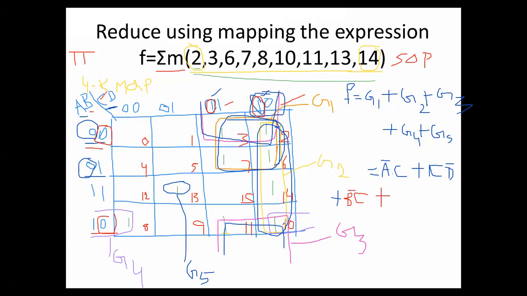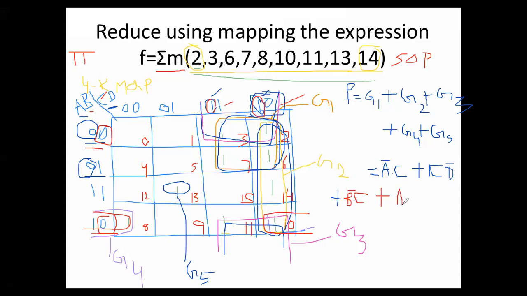What about group 4? This one and this one. So this group is a paired group. This group belongs to which combination for the AB variables? Only one combination, that is 1 0 only. 1 0 means what is the representation?